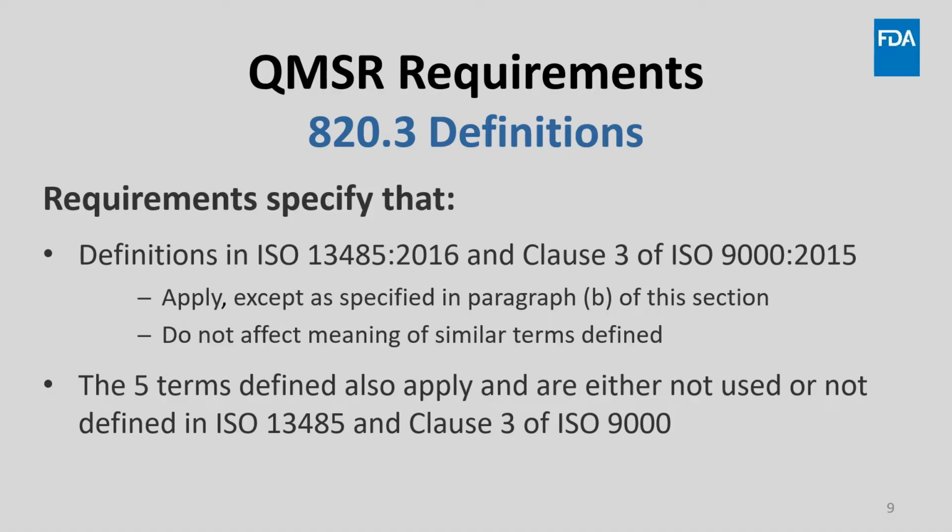In addition, the regulation specifies that the 5 terms defined in Section 820.3 apply and are either not used or not defined in ISO 13485:2016 and Clause 3 of ISO 9000:2015. Those terms specified are component, Federal Food, Drug, and Cosmetic Act, human cell, tissue, or cellular or tissue-based product, HCT/P, and remanufacturing. These definitions are retained from the requirements of the 1996 Part 820.3.